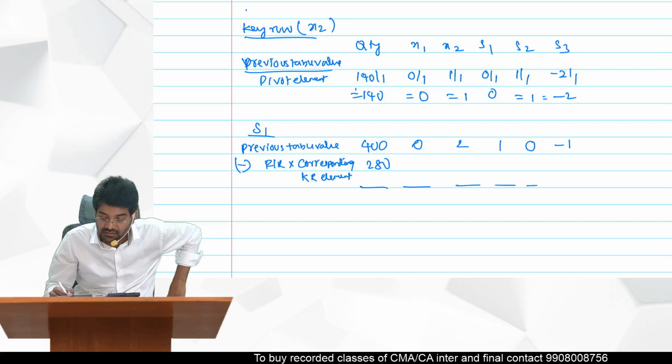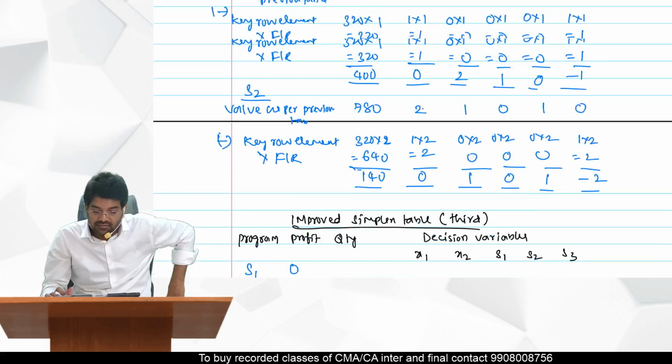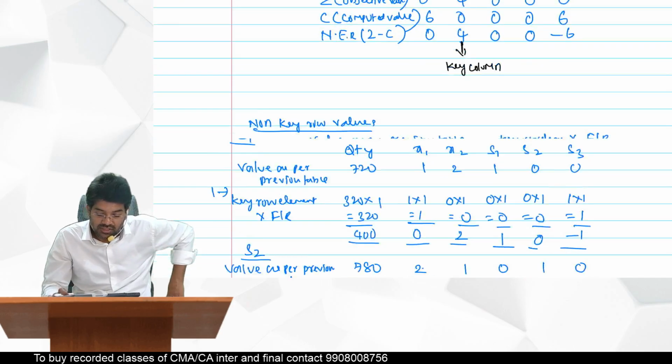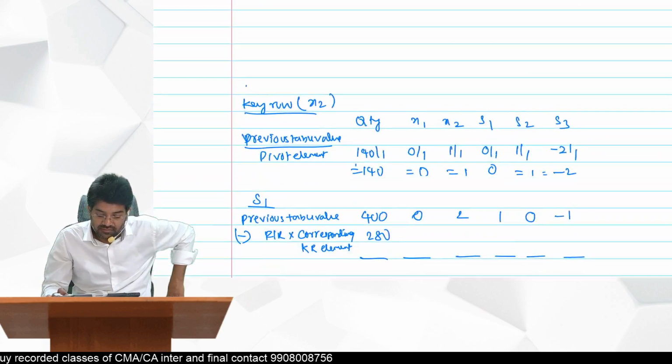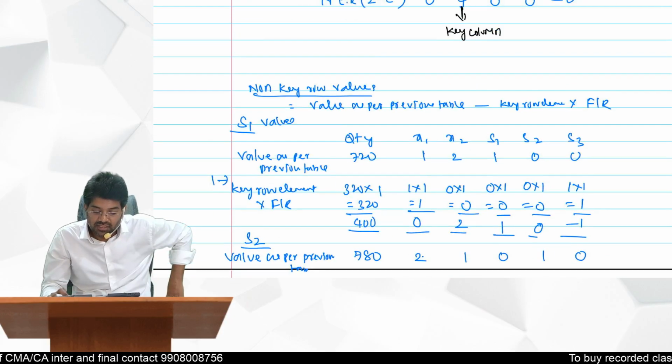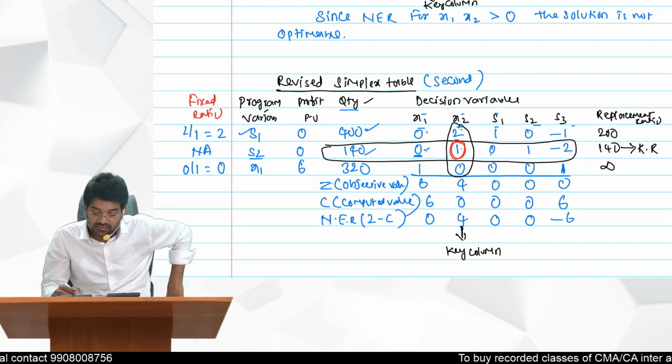Okay, next. 2 into the corresponding key row element 0, so 2 into 0, 0. Next, x2. The corresponding key row value is 1. 1 into 2, 2.